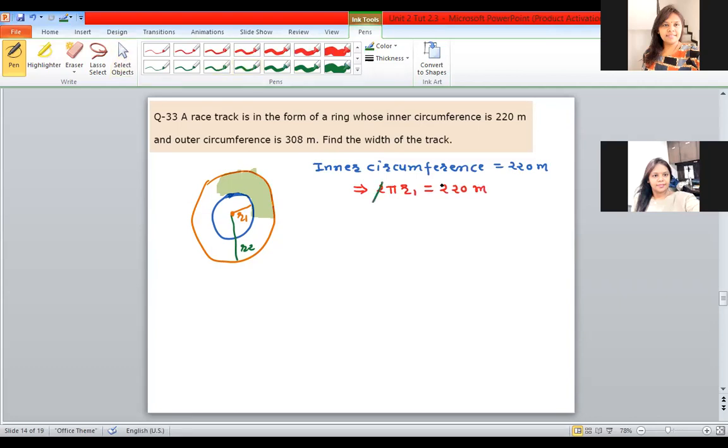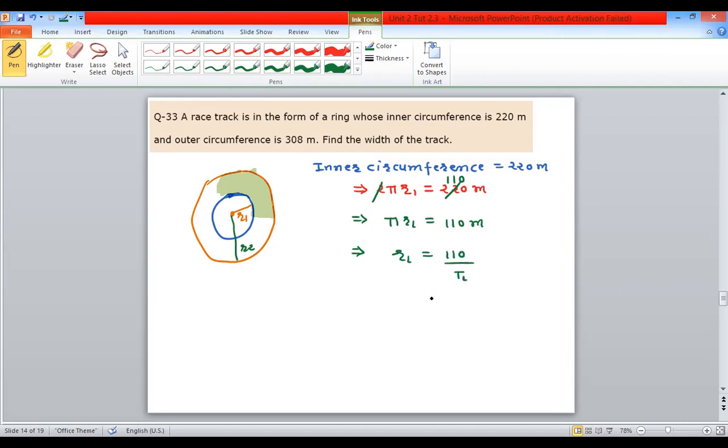First of all, cut this 2 and 2. It is 110. So pi r1 is equal to 110 meters. Kindly find the value of R1. R1 is equal to 110 divided by pi. Pi is 22/7. 11 and 2 cut.